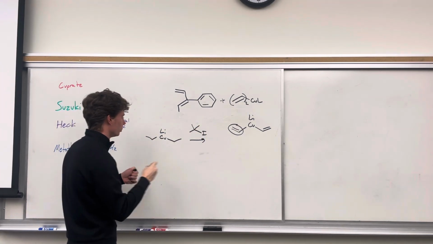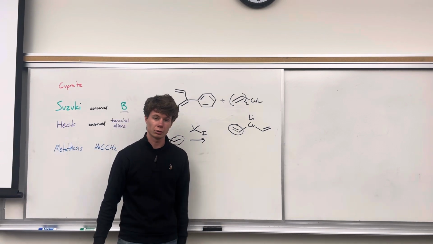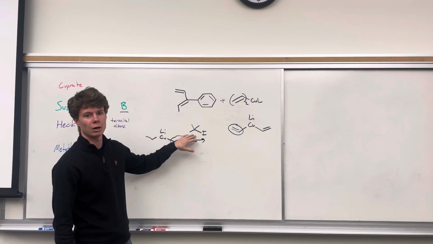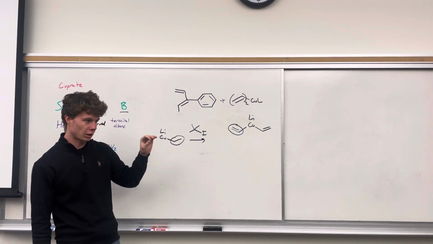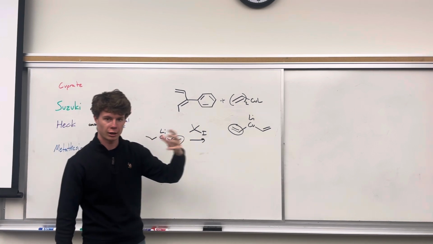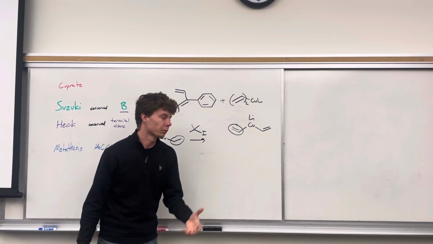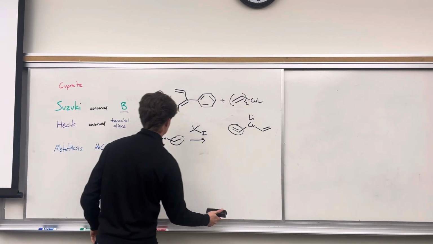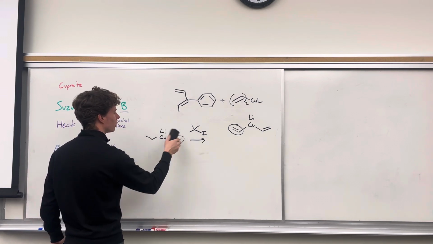Now our R groups for our cuprates are R minus, a really strong nucleophile. They're going to perform SN2 reactions. If you remember, SN2 does not work with tertiary alkyl halides, because tertiary alkyl halides give very stable carbocations, which will favor SN1. That's the explanation of why this one is no reaction on the whiteboard. R minus is really strong, going to favor SN2. SN2 doesn't work on tertiary, it's going to favor SN1.